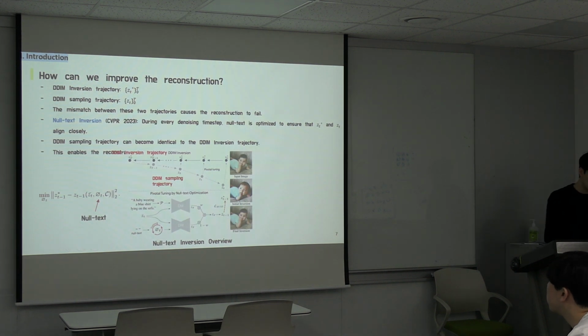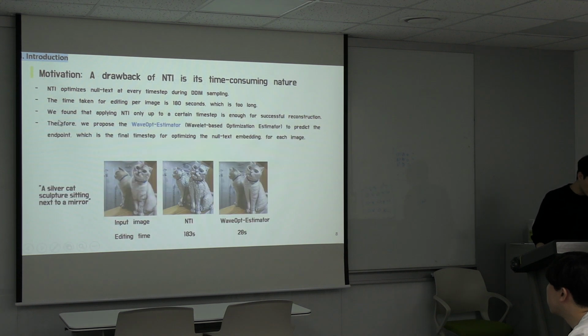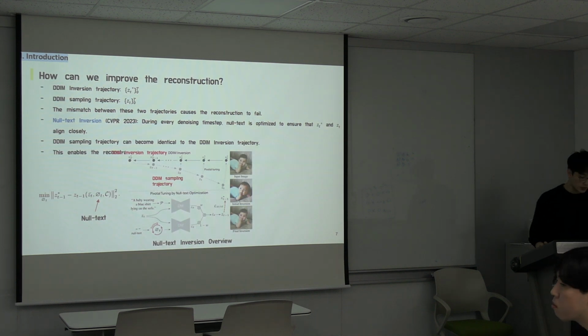Then how can we improve the reconstruction? To enhance this reconstruction, a method called null text inversion, in short NTI, was proposed in CVPR 2023.